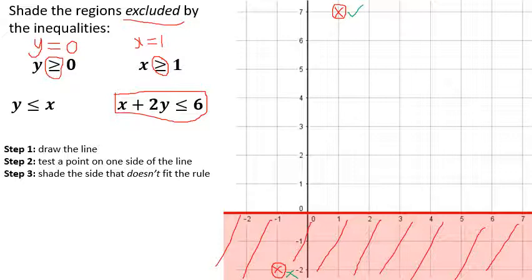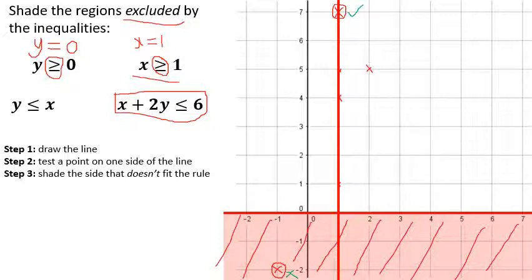So pick a few points which have an x-coordinate of 1, like the point (1, 5), the point (1, 4), the point (1, 1), all of these various places. They all have an x-coordinate of 1, and therefore they all lie on the line, and that determines the line for us. Then we check each side of the line again. We pick a side and we consider whether or not the point we've chosen satisfies the inequality. Is x greater than or equal to 1 if we're at the point (2, 5), for instance?